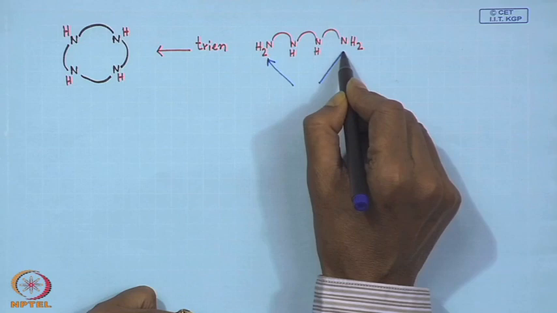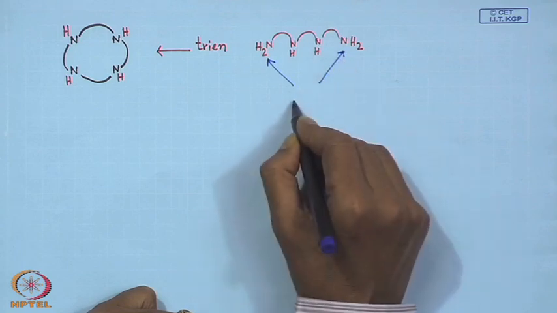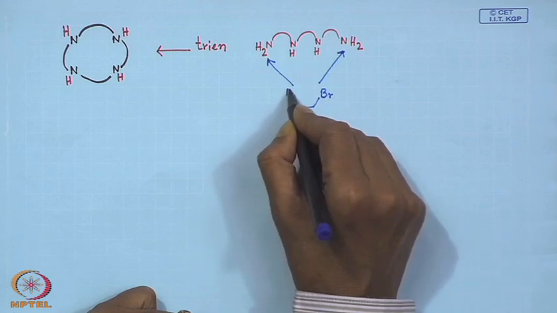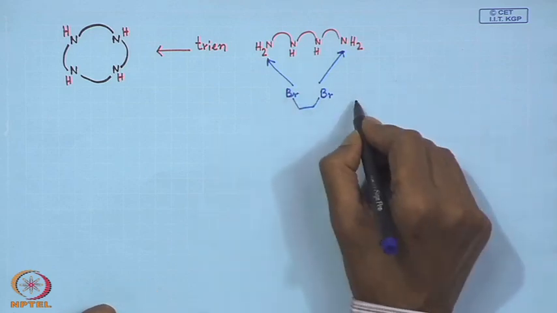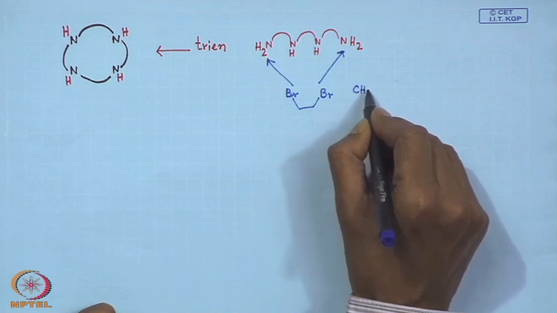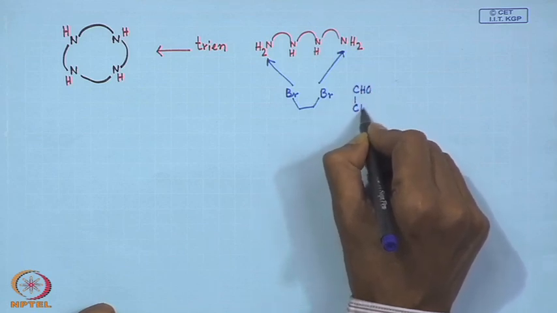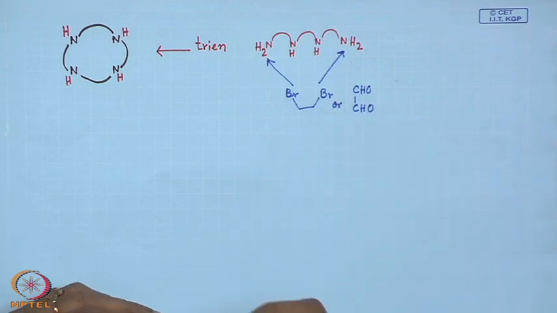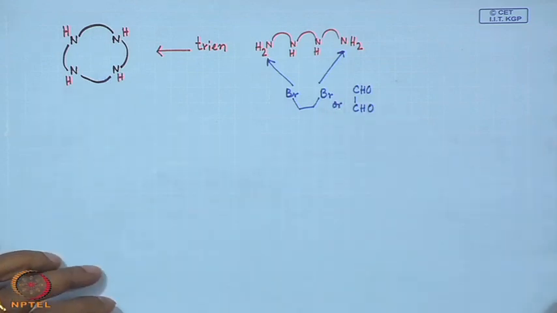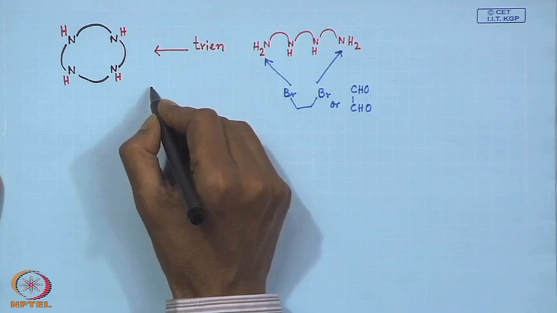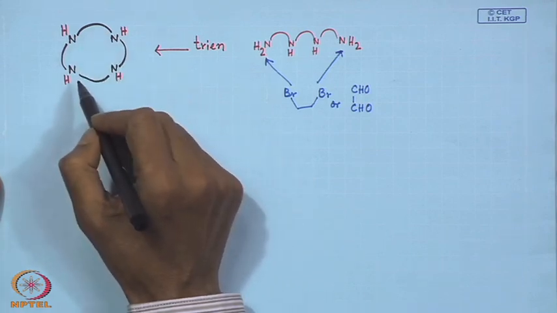So, the only thing is that this particular backbone has to be connected. If we can connect these two ends, say by dibromoethane or say glyoxal, using these two molecules, we can get a cyclic product. This cyclic product is related to the starting molecule, but is of bigger size.